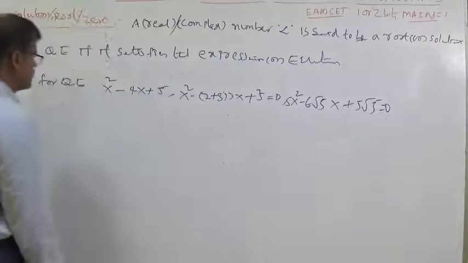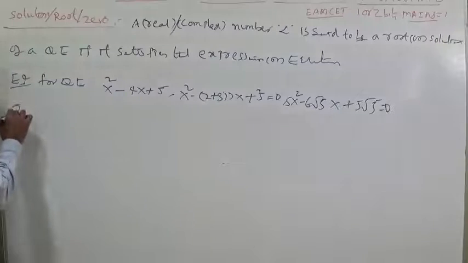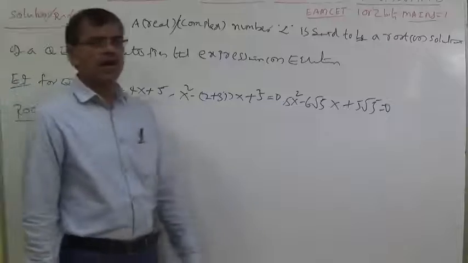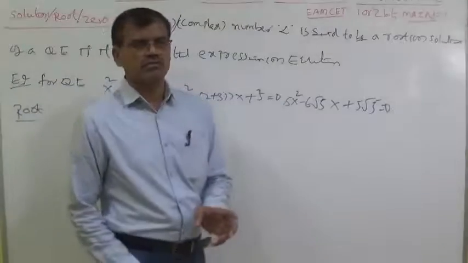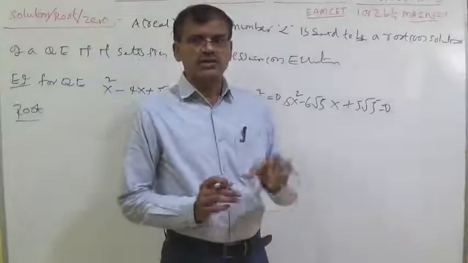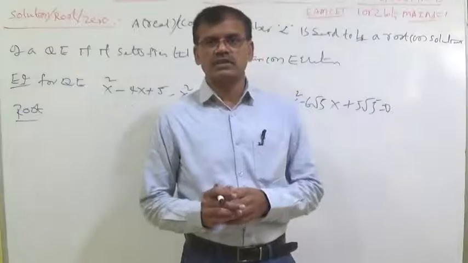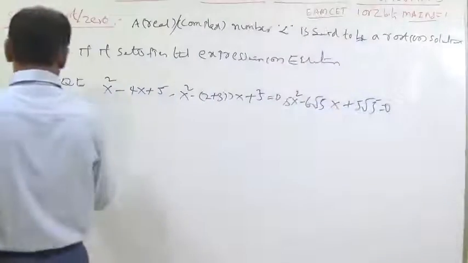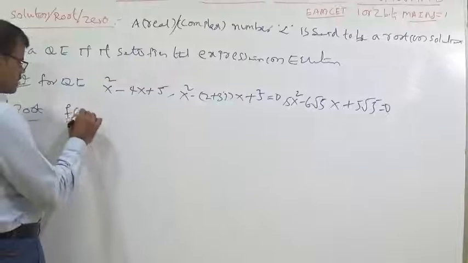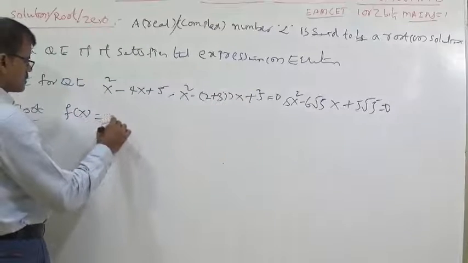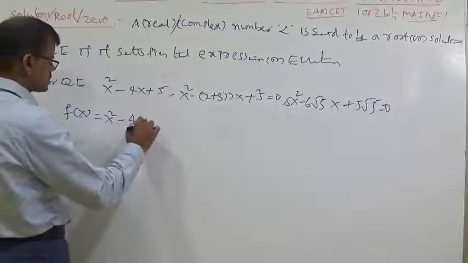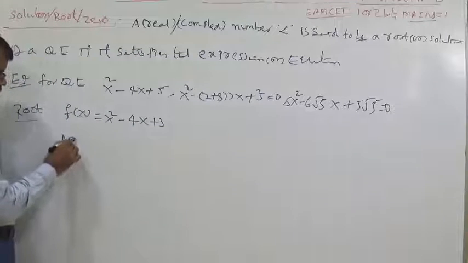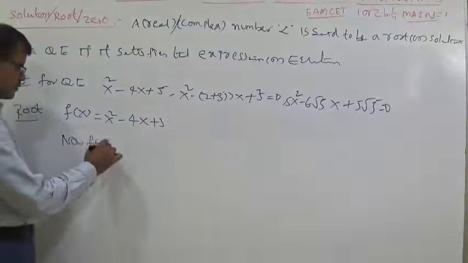Now let us discuss root. Root or zero. What is zero? Zero or root or solution is nothing but the same, wherever the equation is satisfied by the given complex number or real number. Example, let us consider f of x is equal to x square minus 4x plus 3. Now you can write f of 1.